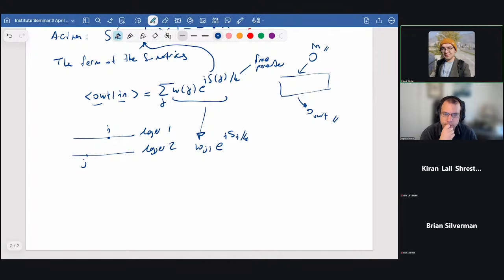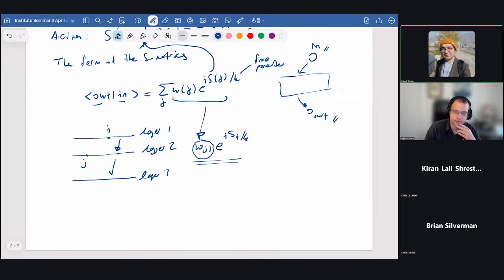Okay. Actually these are weights and these are free parameters, real valued free parameters. Once we define this form for S, and add another layer, say this is 3, we have the transition from here to here, then here to here.